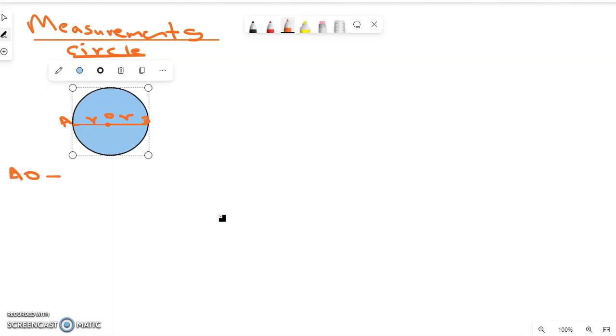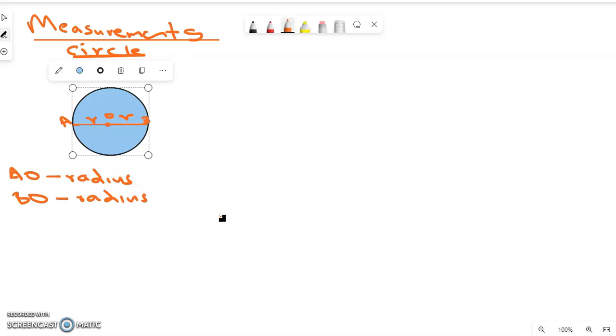Why? Because these two lines are drawn from the center to the circumference.